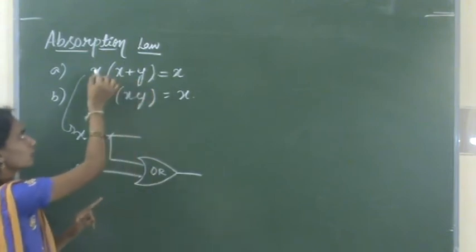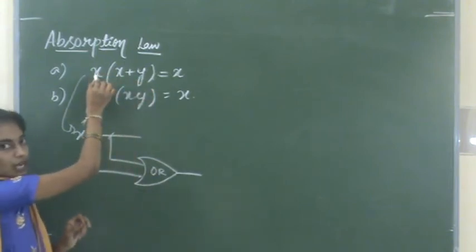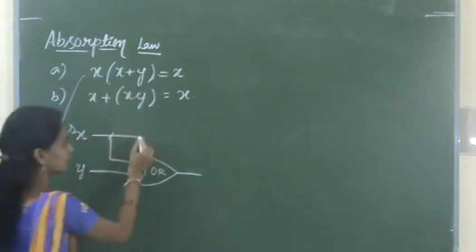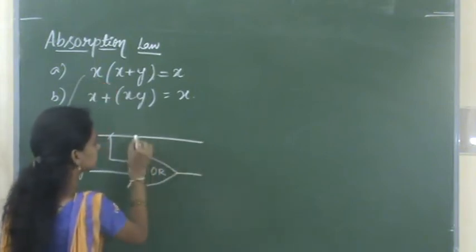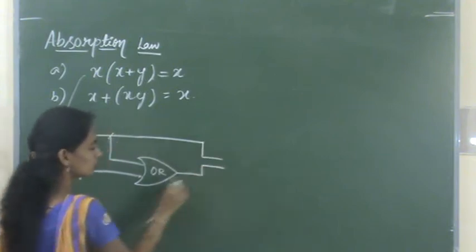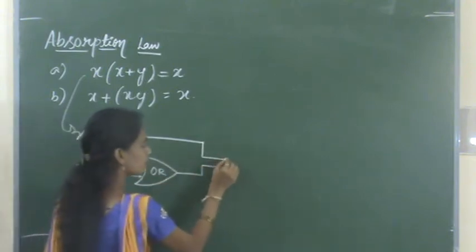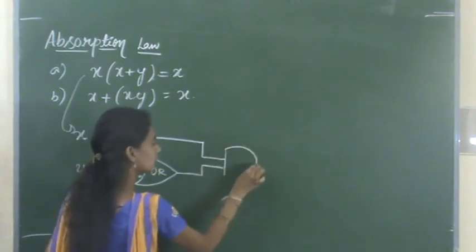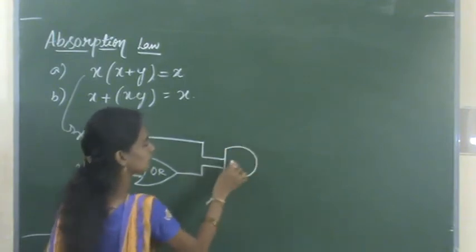The result of this will be ANDed with x. So x and the result of this OR operation go into the AND operation.